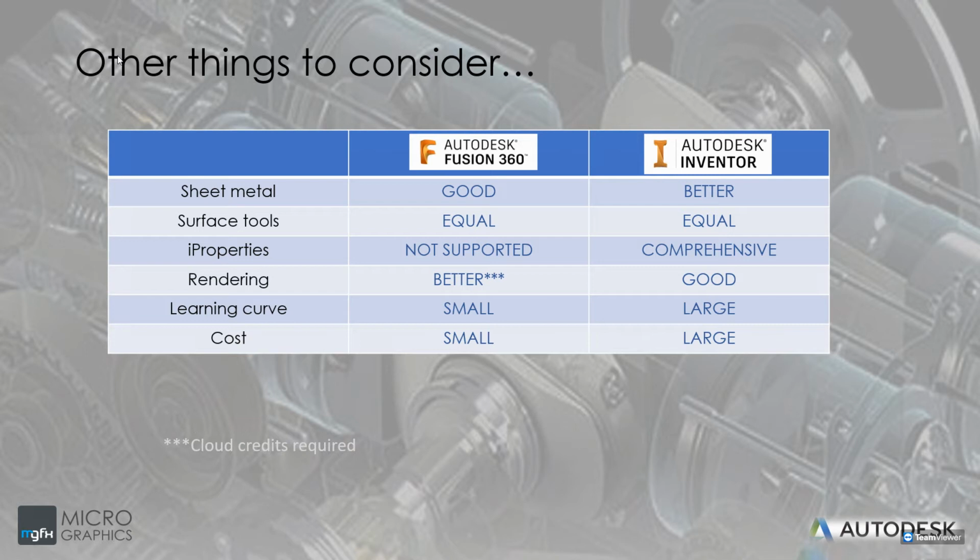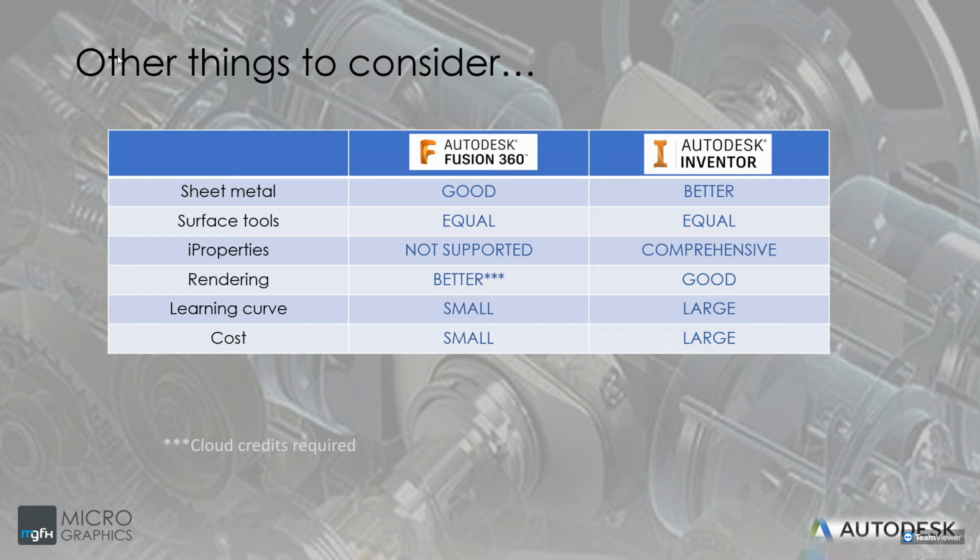Okay. So rendering-wise, Fusion 360 does have a newer rendering engine and better capabilities, but Inventor does have in the Environments tab an Inventor Studio where you can render your images as well.